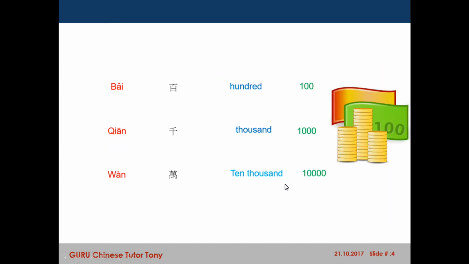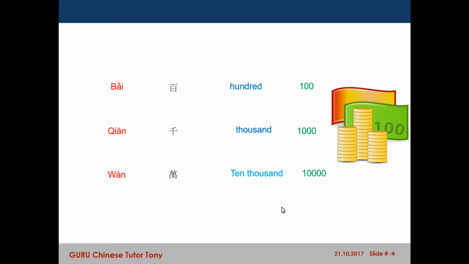Now we come to how to say 100, 1,000 and 10,000. Just be cautious, because that's about numbers, so try to learn it. It will be helpful when you want to do business or in your career.